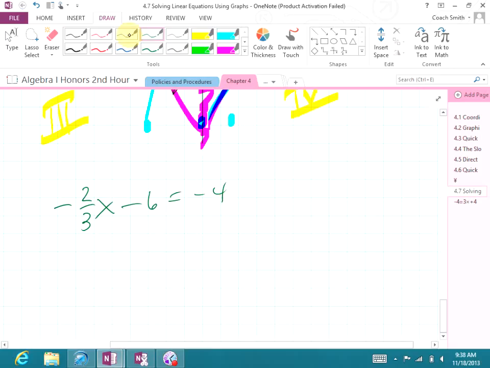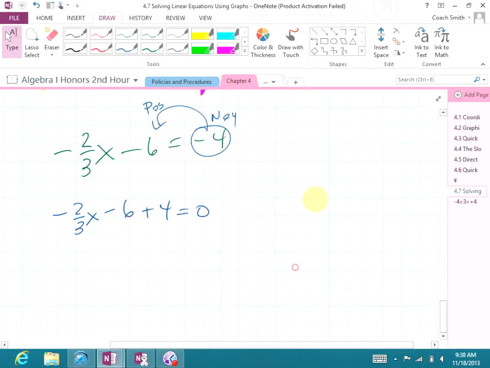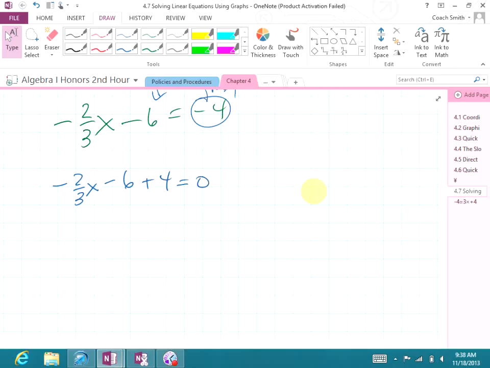Okay, so we've got to take this -4 and bring it over. Here it was a negative. Here it becomes a positive. So what I then have is -2/3 x minus 6 plus 4 equal 0. Okay, well, remember this is plus negative.